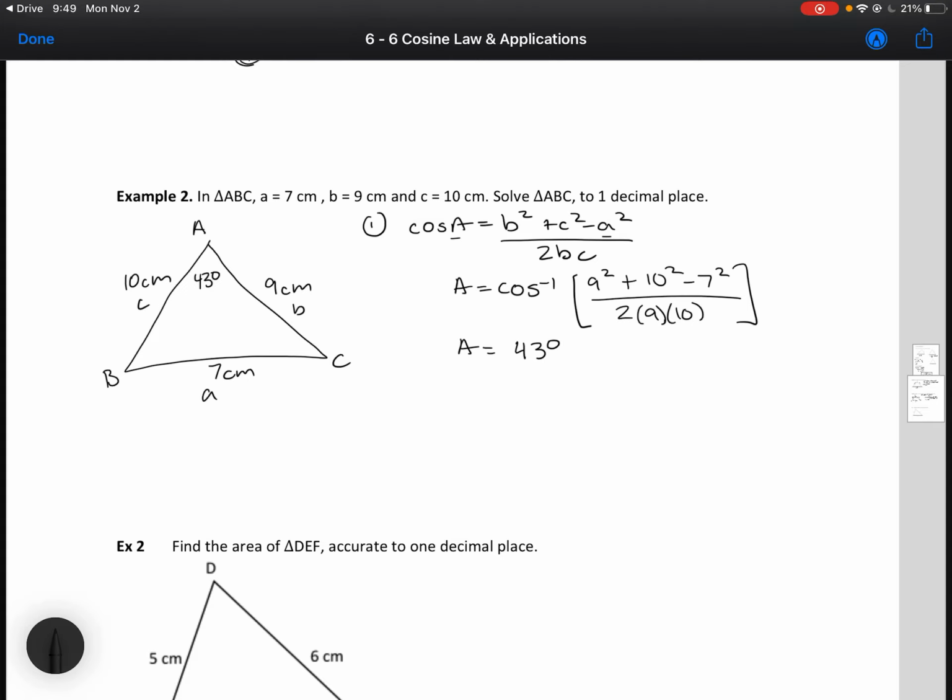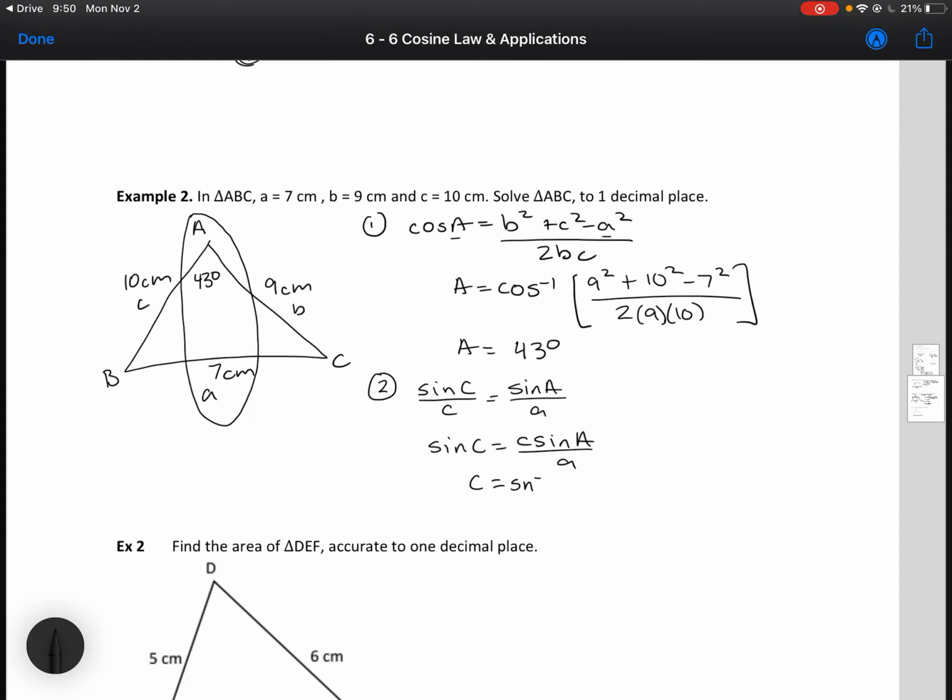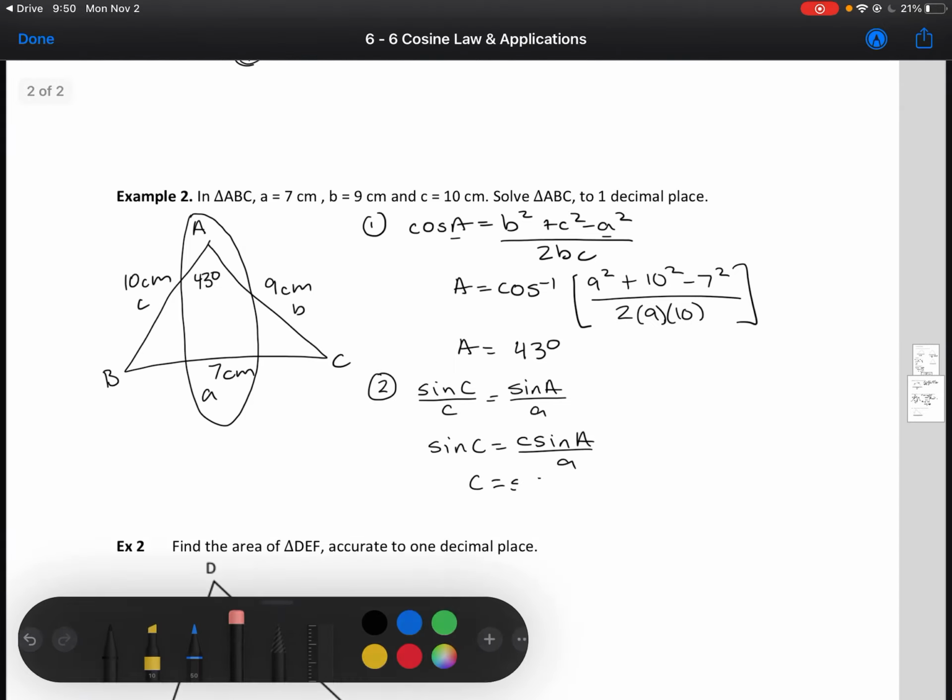Now that I've used the cosine law to find that angle, the next thing that I'm going to do is use the sine law to find one of my other angles. So the next one I'm going to find is sine C. I can use the sine law because I now have a pair of an opposite side and angle. So I know that sine C over C is going to be equal to sine A over A. I can rearrange a little bit here. I know that sine C is going to be C sine A over A. And then I'm going to end up taking the sine inverse here.